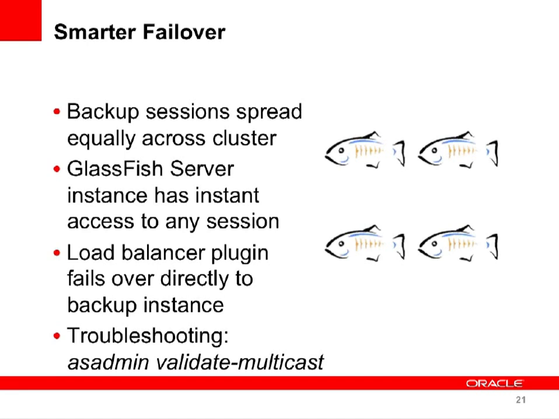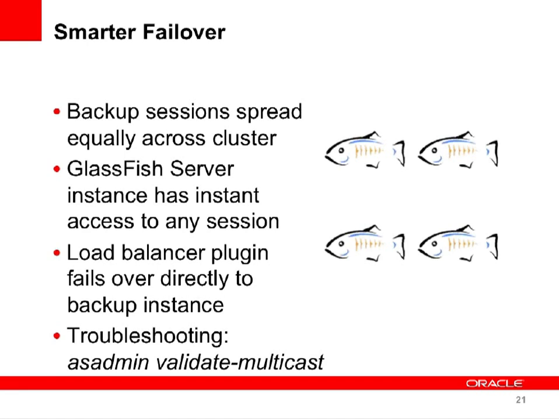So what we've done in GlassFish Server 3.1 is, instead of allocating a specific instance as a buddy for providing replicated sessions in case of a failover, we now spread that across all other instances in a cluster. So if an instance fails, the load in a failed environment is spread across all instances in the cluster. So it's actually a much smarter failover.